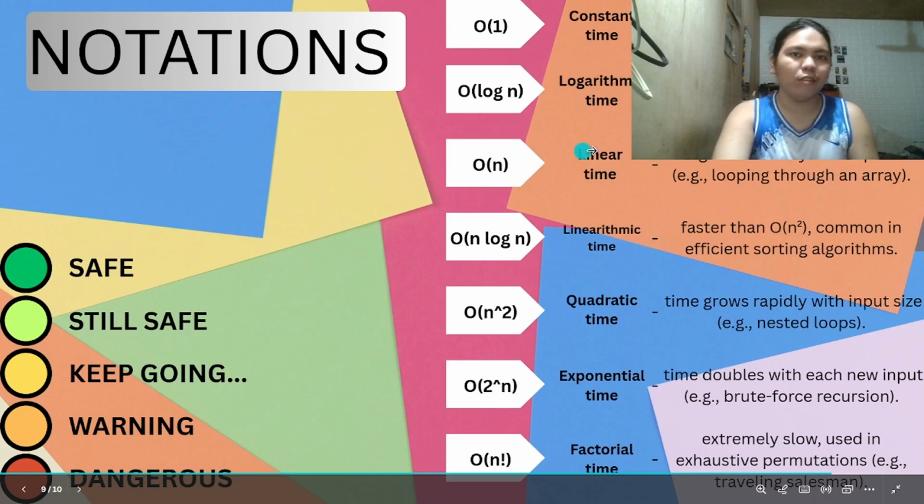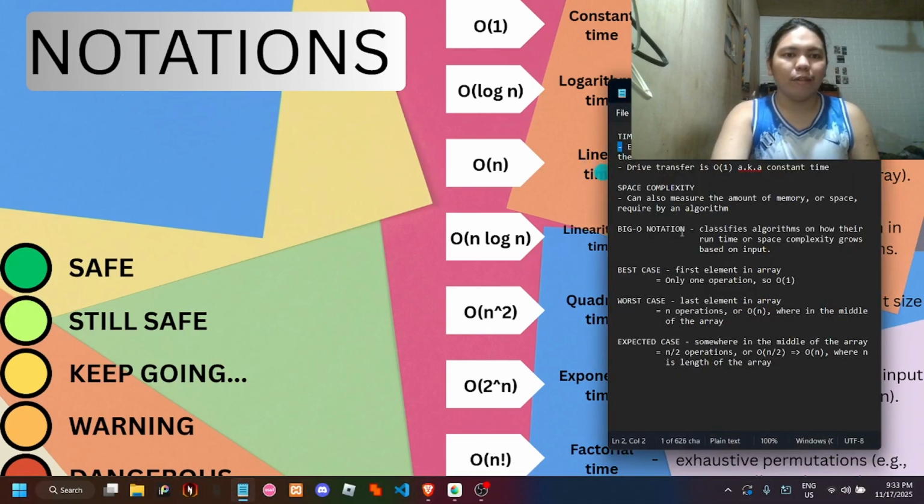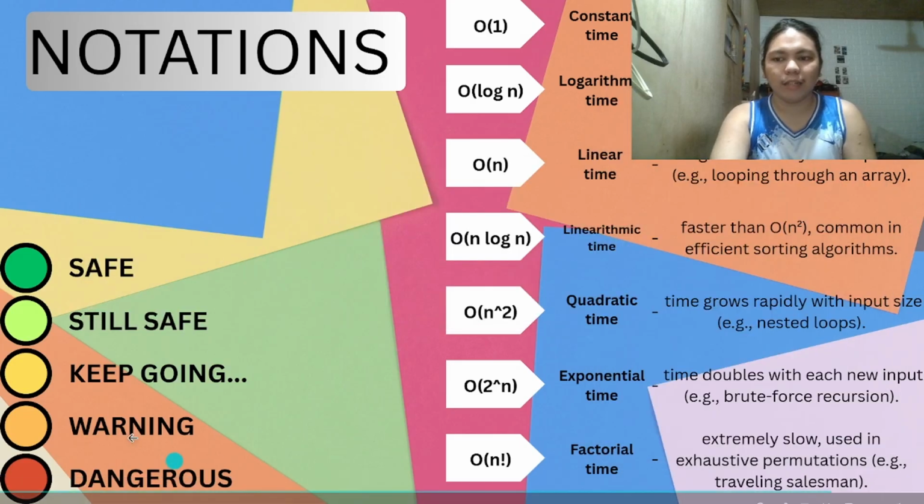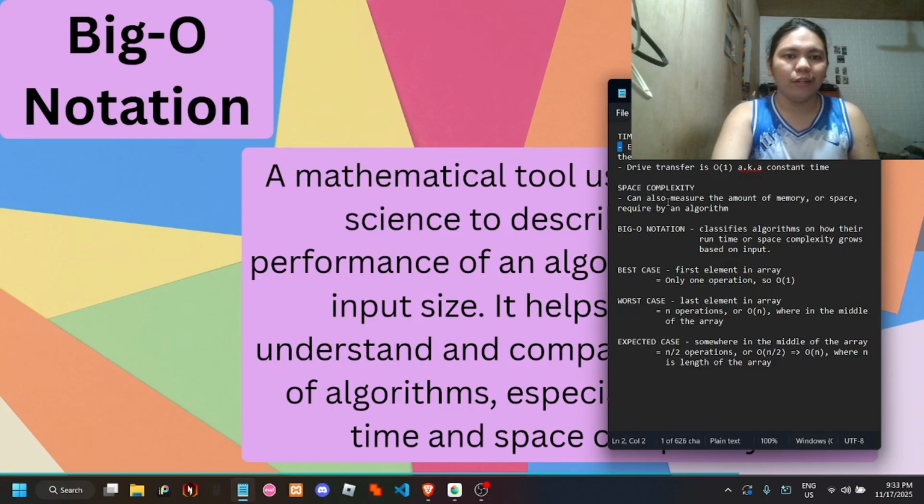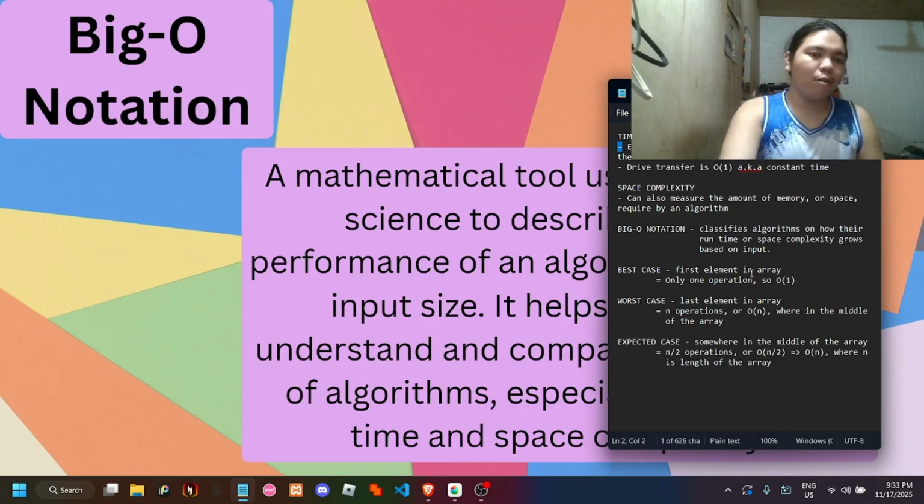So here are the notations. Big O notation classifies algorithms and how the run time or space complexity grows based on input. The best case is the first element in the array, only one operation, so O(1).